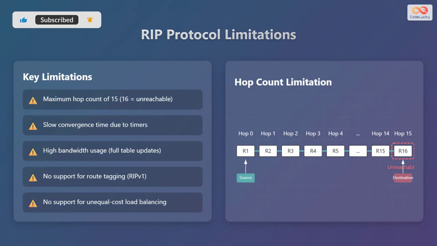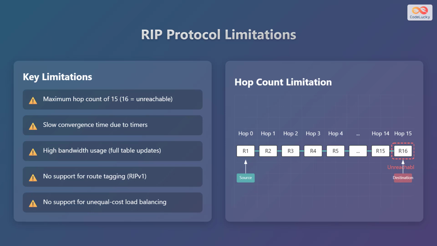Now let's discuss the limitations of the RIP protocol. The maximum hop count of 15, where 16 equals unreachable, restricts the size of networks that can use RIP. RIP has a slow convergence time due to its timers. Because RIP sends out full table updates, this results in high bandwidth usage. RIP version 1 does not support route tagging.